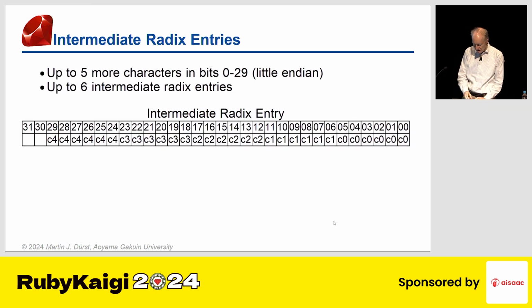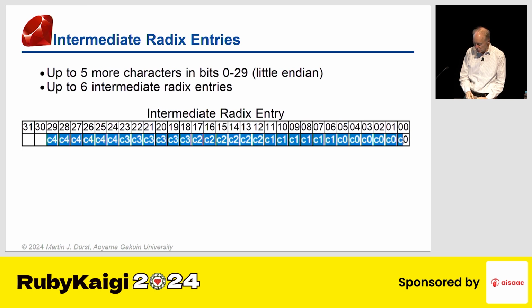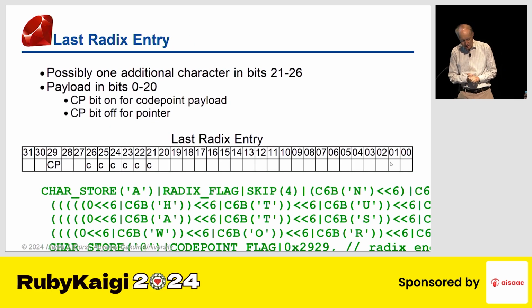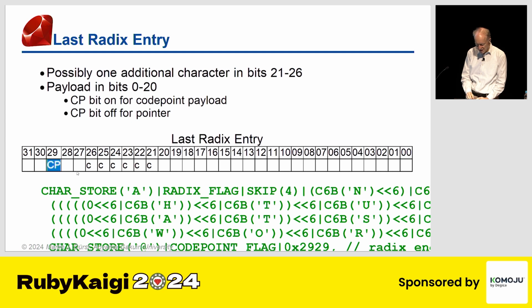The intermediate entries just have lots of characters, 5 characters. And then the last entry has maybe a code point bit, and potentially the last character, and then the payload.